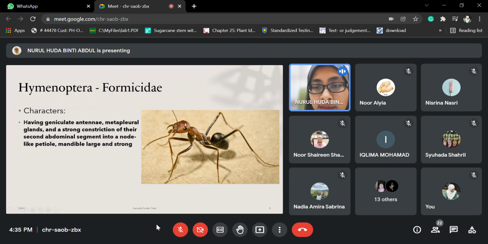But here they have three ocelli, and you can see them obviously on the sample. This can be seen very clearly, their ocelli. Other than that, they have three ocelli actually. The compound eyes are small. Yes, you can say the compound eyes are not very large. You can consider them small.